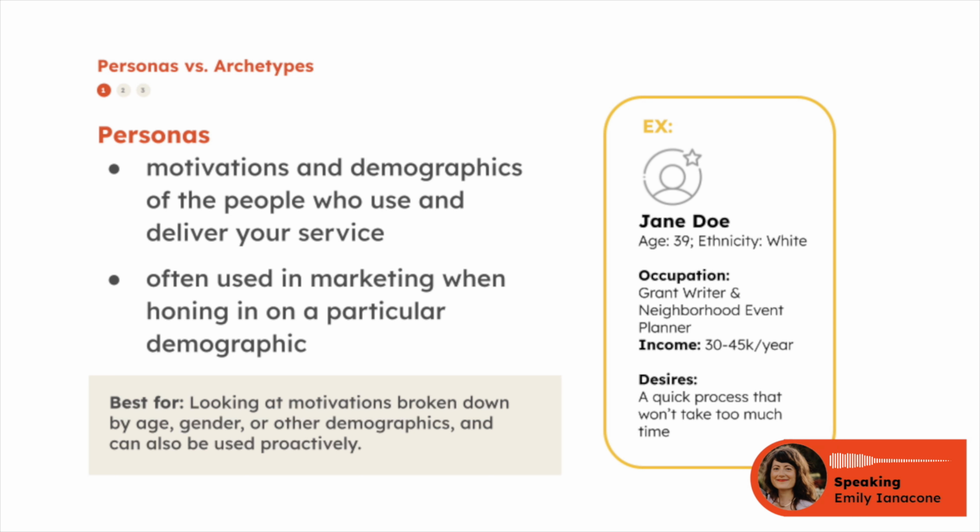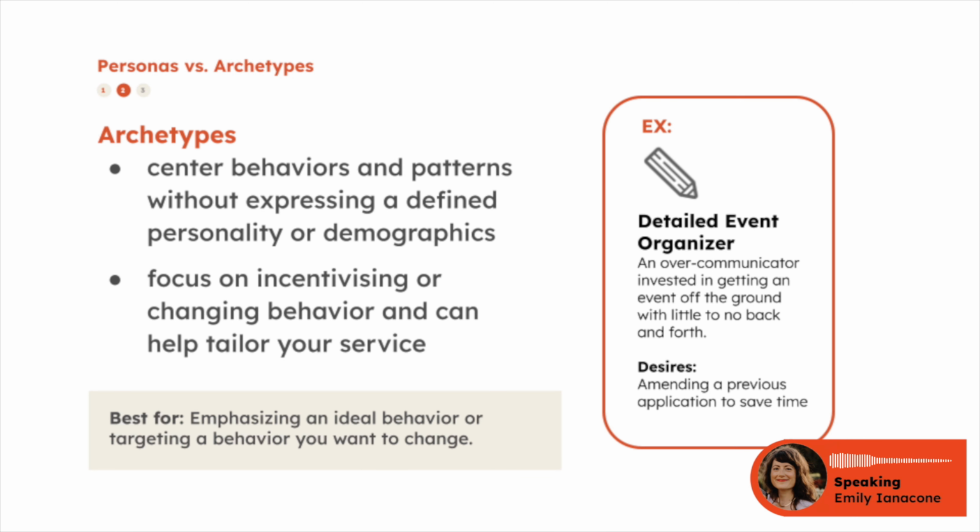Now we'll talk about archetypes. There's a distinction; they're similar but different. Archetypes center behaviors and patterns without expressing a defined personality or demographics, so they're a bit more generalized. They focus on incentivizing or changing behavior and can help tailor your service to meet needs, but on a more general level. The example here is a detail-oriented event organizer.